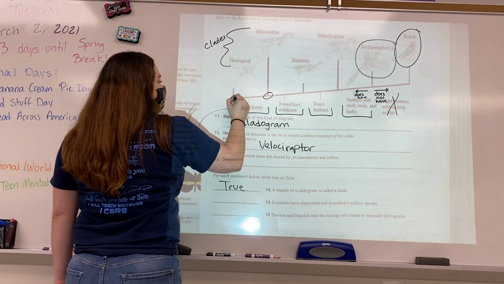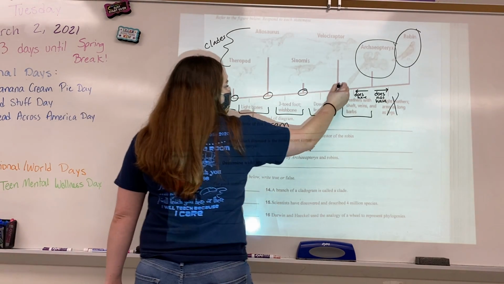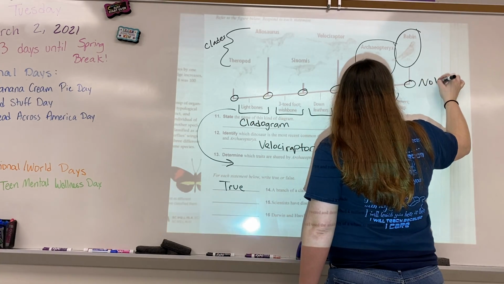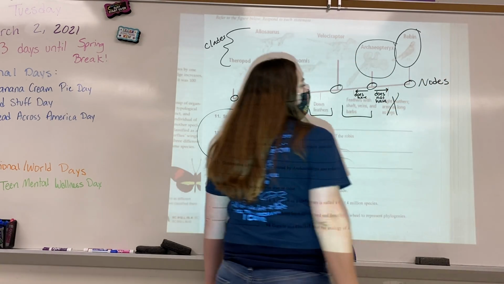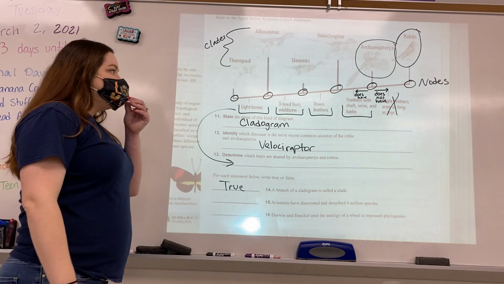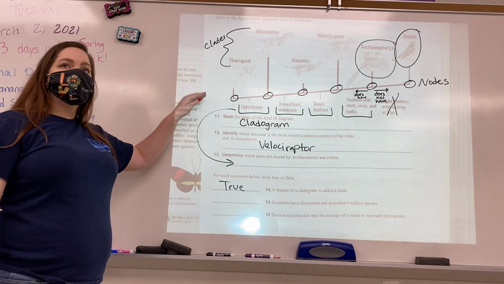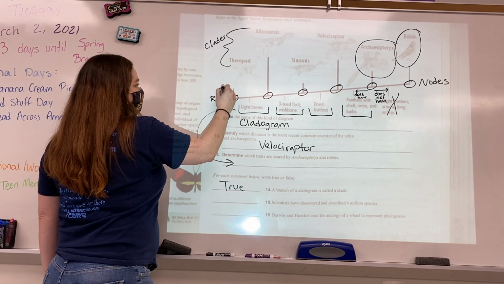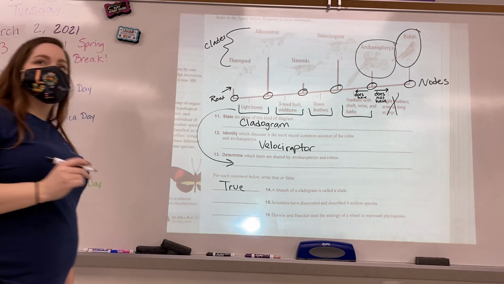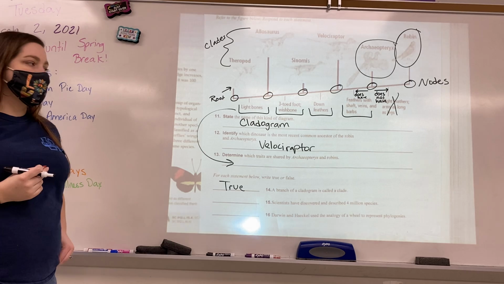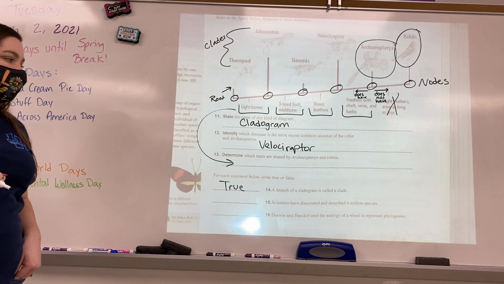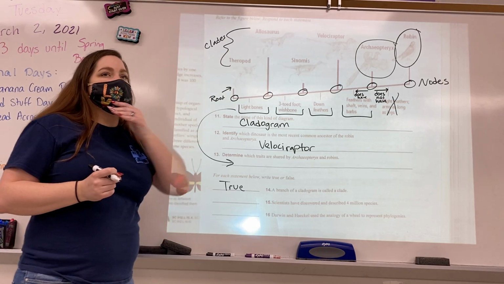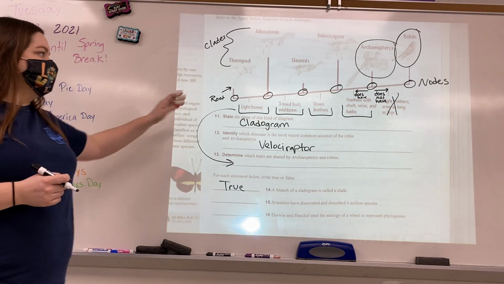Your intersections, wherever your branches meet this bottom line, those are your nodes. And then you have your root over here, your earliest ancestor over there. So a branch of a cladogram is called a clade. Where those branches intersect are nodes. And then the beginning one is your root.